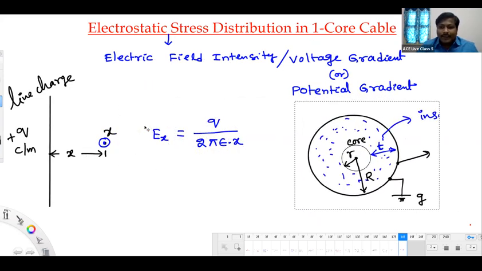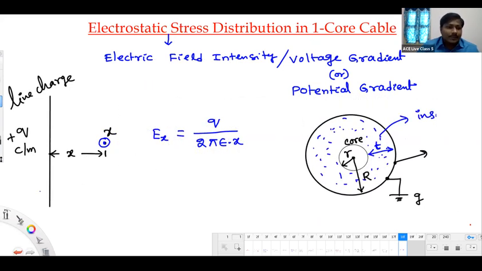Okay, yeah. See, for example, this is a cable what we have now. Yeah, listen please. So at some point X, we are standing here, which is at a distance of X from the line charge.